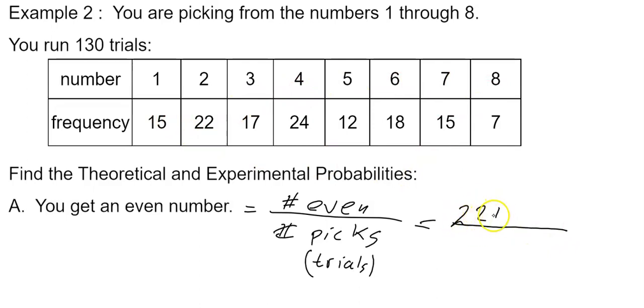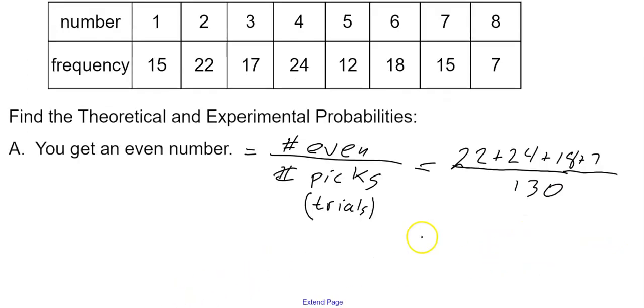That's 22 plus 24 plus 18 plus 7 over 130. So 71 of our picks were even, and there were 130 trials, which leaves me with 71/130.